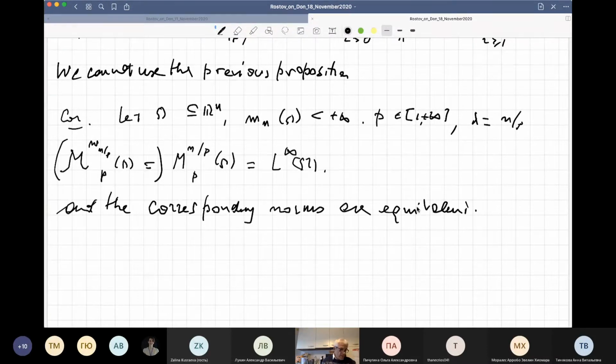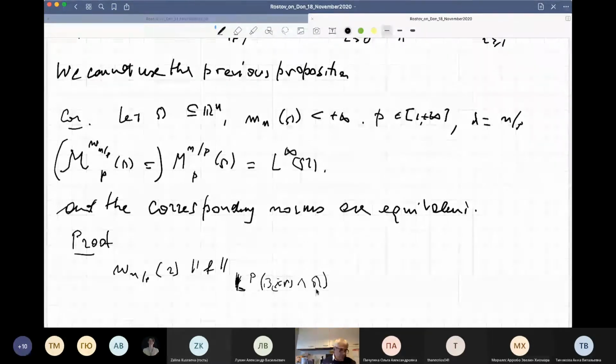Okay, just two words of proof. I do not work it out all because I have no time. So you observe that the w n over p norm of f in L p, this is the usual thing we have to estimate.